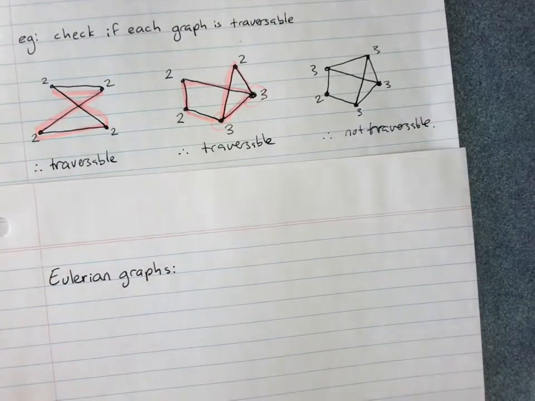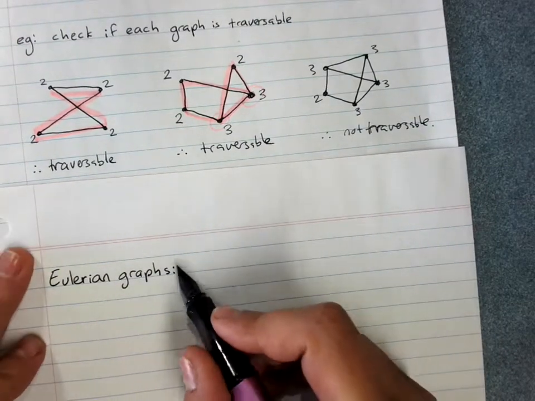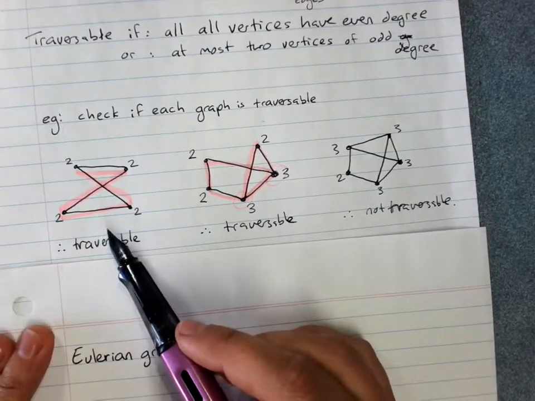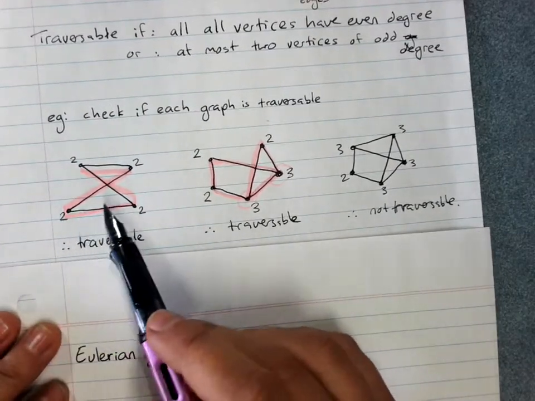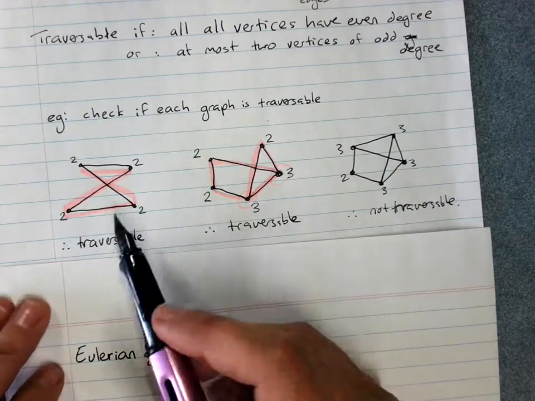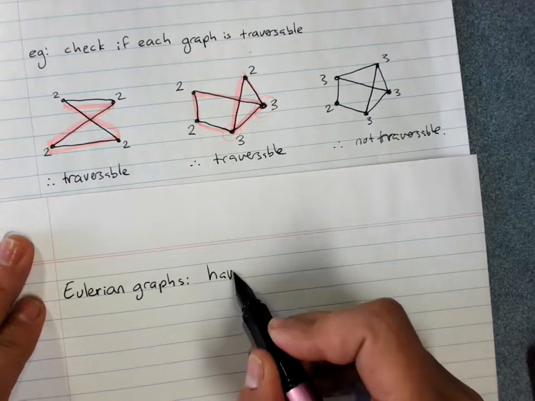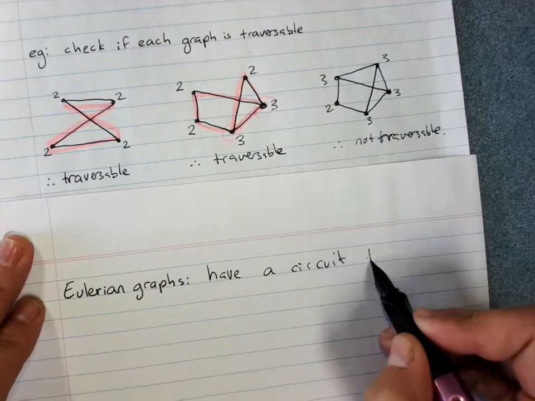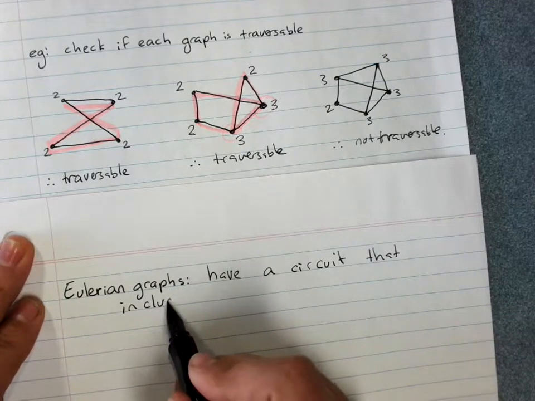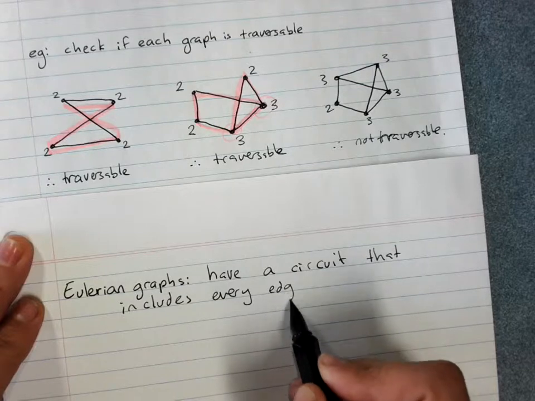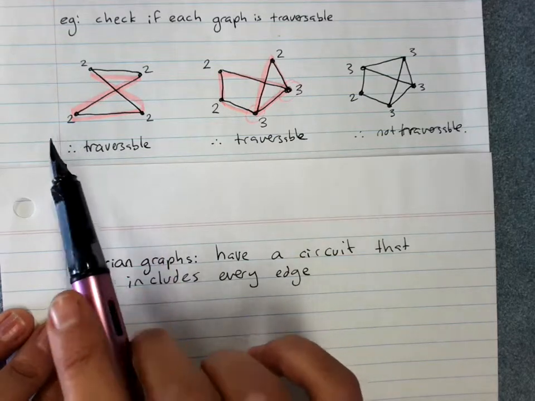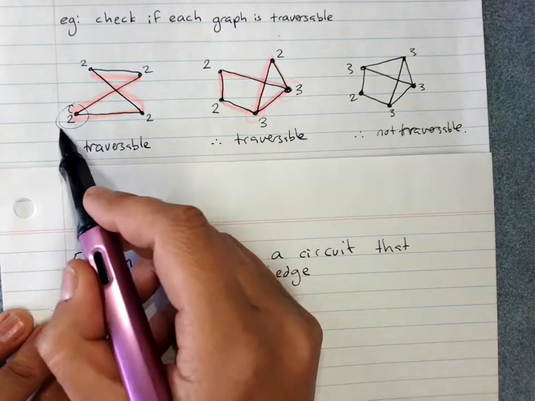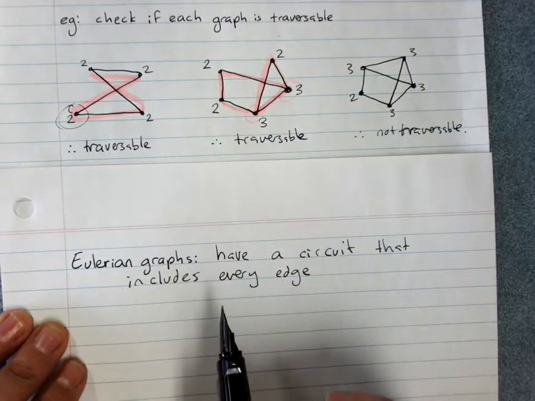Now, Eulerian graphs are graphs like this first one, where we have a circuit, a closed trail that includes every edge. So you remember a circuit starts and ends at the same vertex. So they have a circuit that includes every edge, and you'll see that for the graph to be able to be closed with a circuit starting and ending here, for example, we can't have any odd vertices.